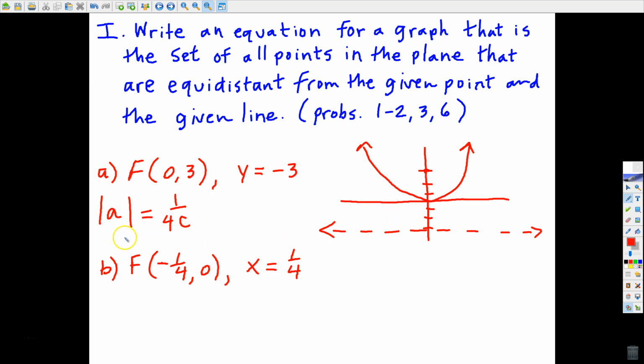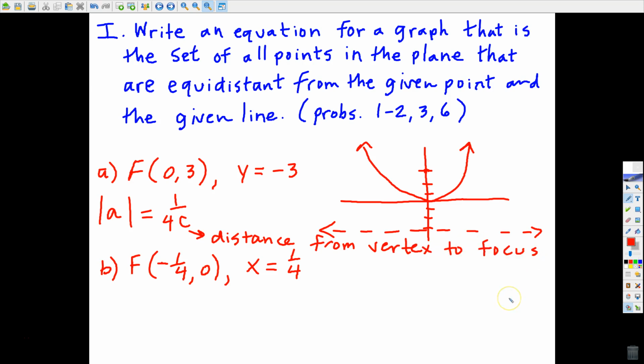C, and I'm going to write it on this first example, C is the distance. And it always, for parabolas in this formula, refers to the distance from vertex to focus.